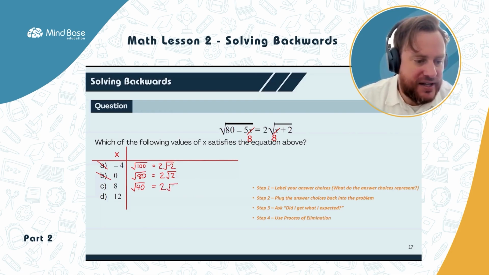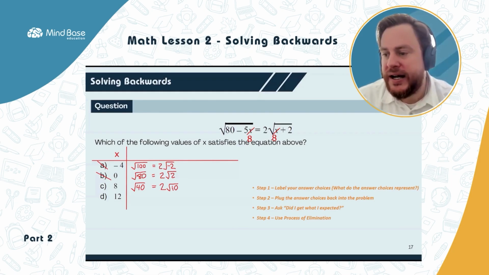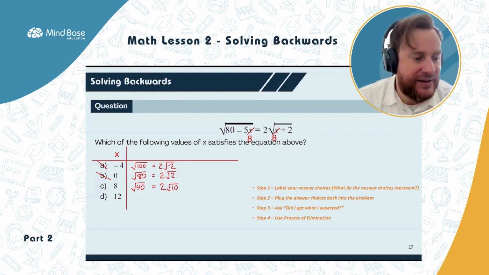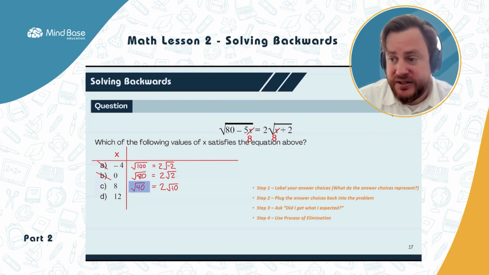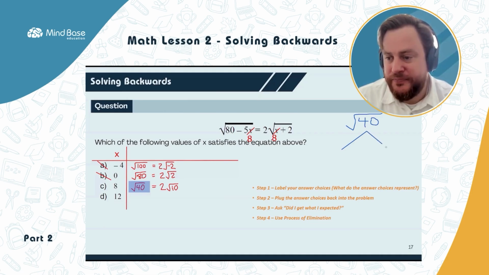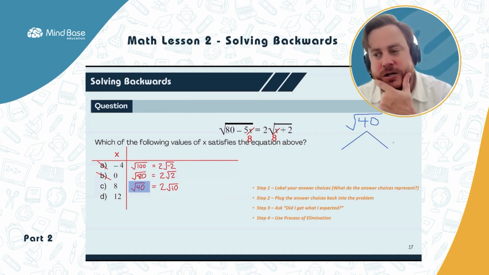Now, this is a good time to remind ourselves how to simplify roots. It's very important that we know how to simplify roots. So I can take the square root of 40 and I can factor it. You may remember factoring. I hope you do, right? So I'm going to try to find a perfect square, like 4.